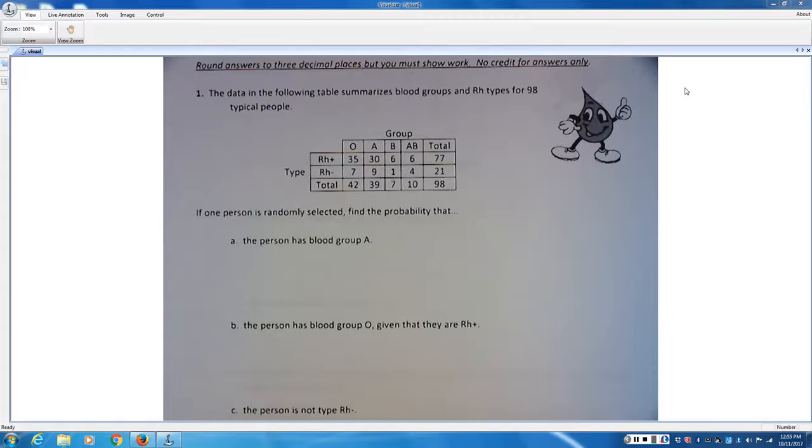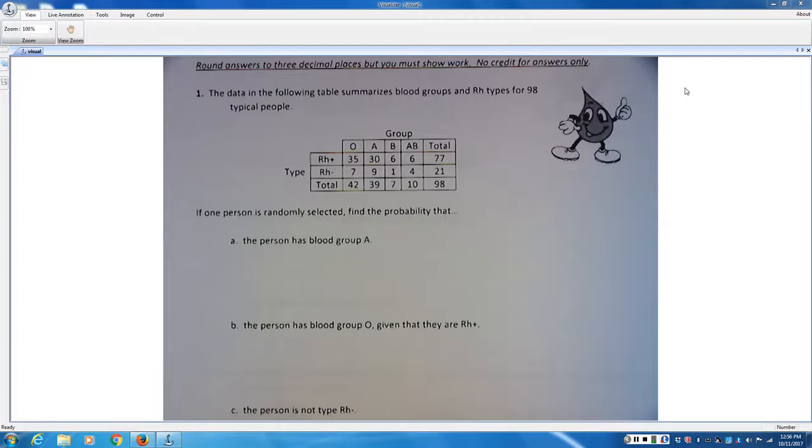But right now, we're going to talk about blood types. What we have here is the data in a table that summarizes blood groups and Rh types for 98 typical people.